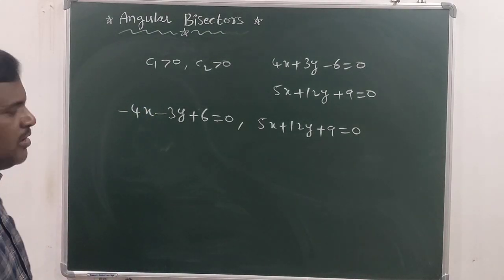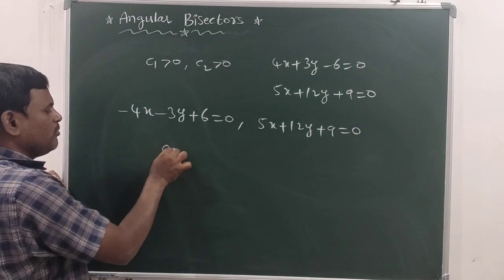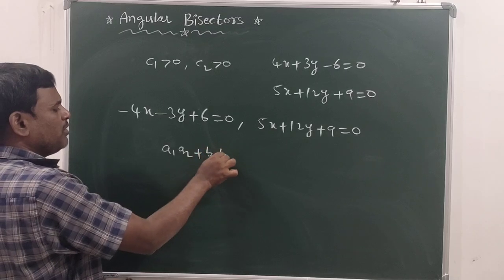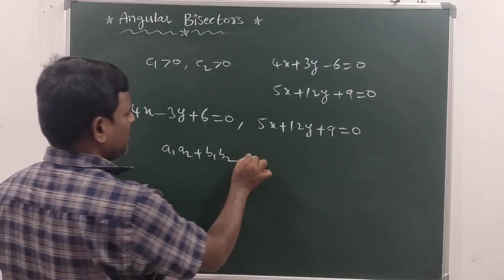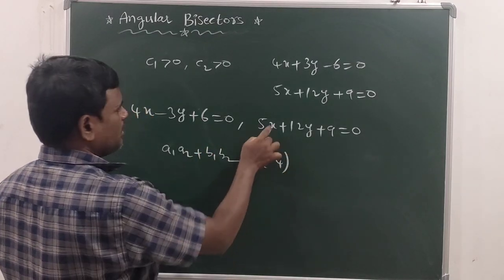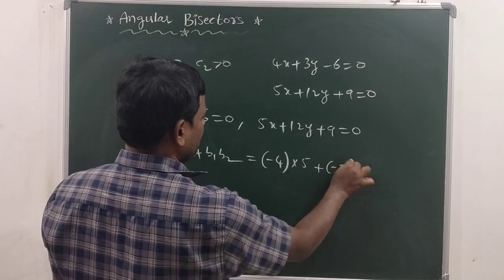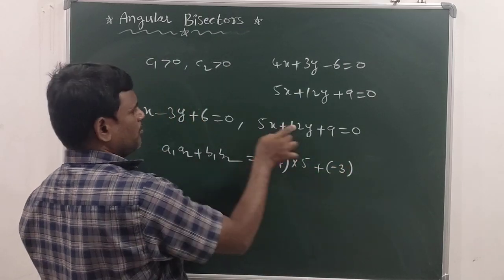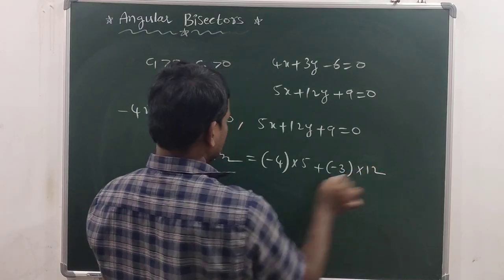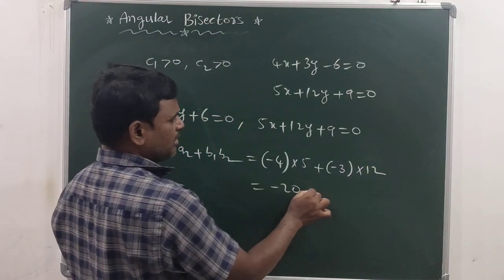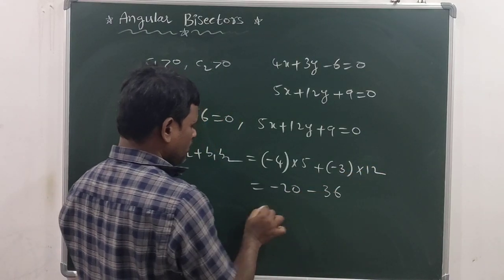Next, find A1, A2, B1, B2. A1 is minus 4, A2 is 5, B1 is minus 3, B2 is 12. So minus 20 minus 36, you got negative.